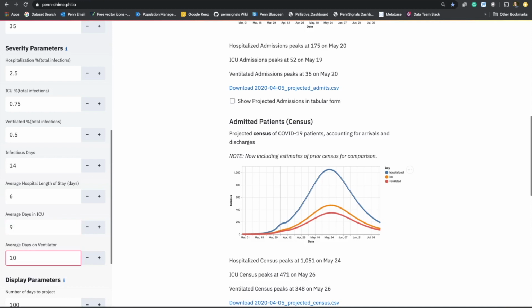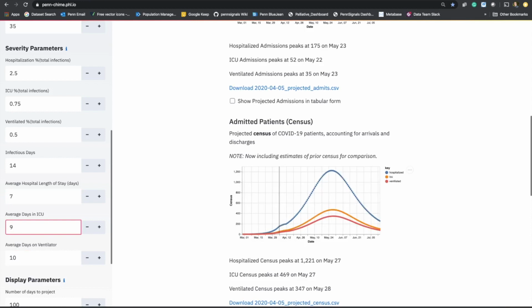These default values came from some analysis of similar diagnosed patients within our own health system. There are some more aggressive length of stay numbers out there, but just keep in mind that these numbers are dependent on one another, given the different ratio of acuities that you see in the hospital.